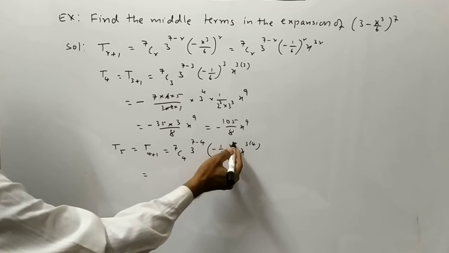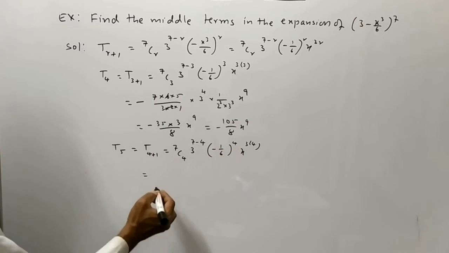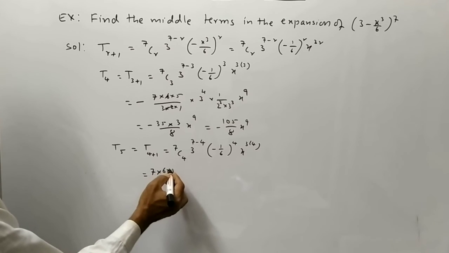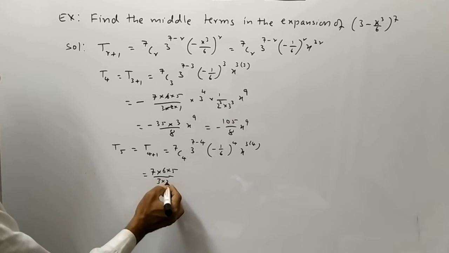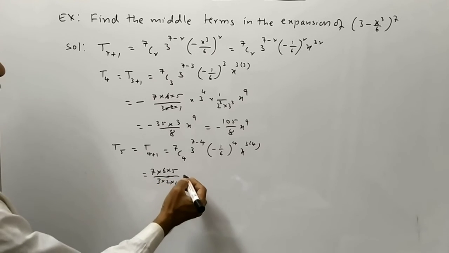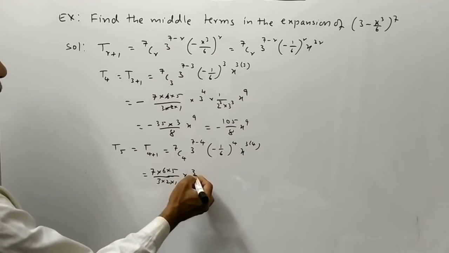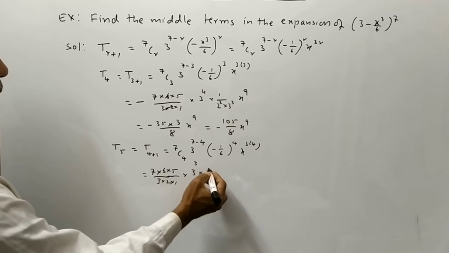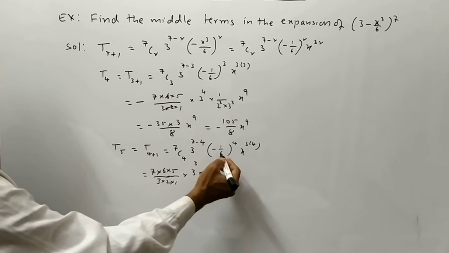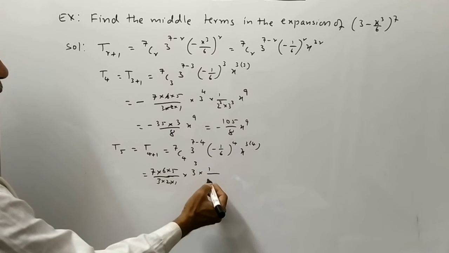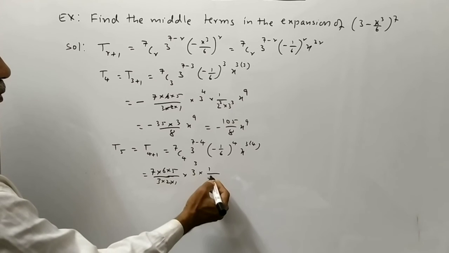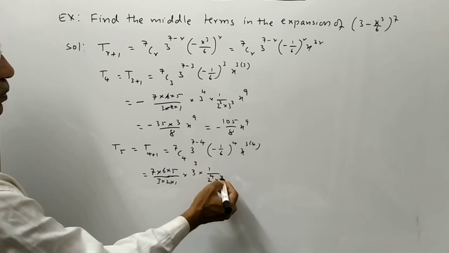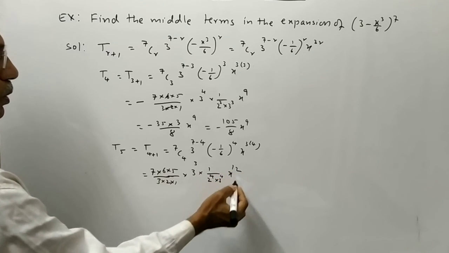Here minus sign when you multiply 4 times, so you are going to get a positive 7 into 6 into 5 divided by 3 into 2 into 1 into 3 raised to the power 3 into 1 by 6 raised to the power 4 can be written as 2 raised to the power 4 into 3 raised to the power 4 into x raised to the power 12.